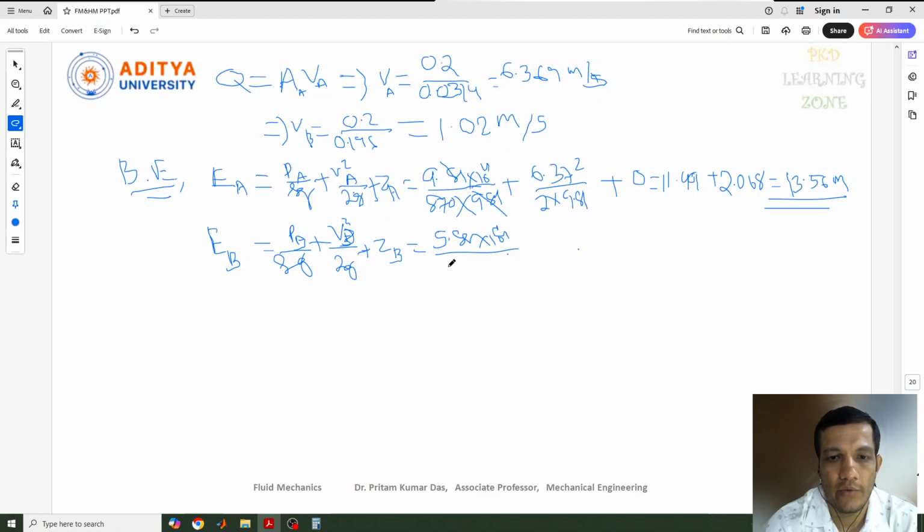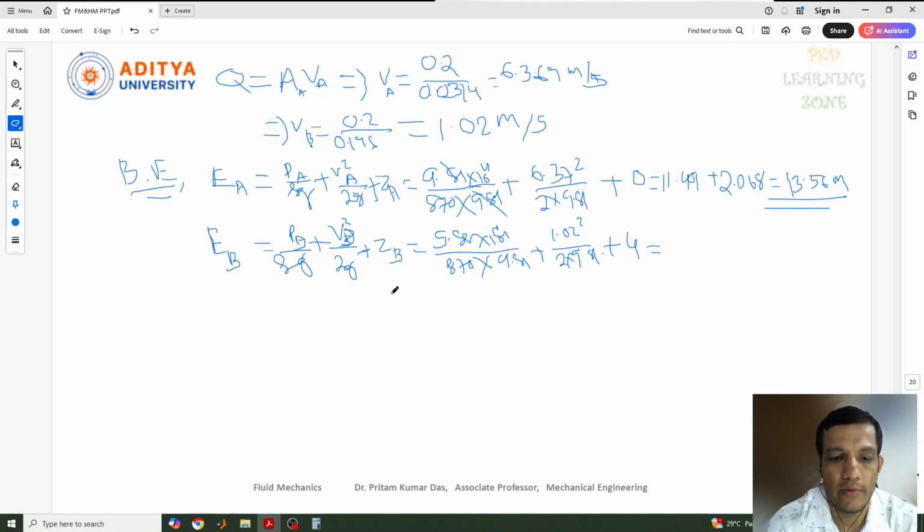Rho g is 870 into 9.81, plus VB 1.02 square divided by 2 into 9.81. ZB is already given as 4 meter height, so we write 4.